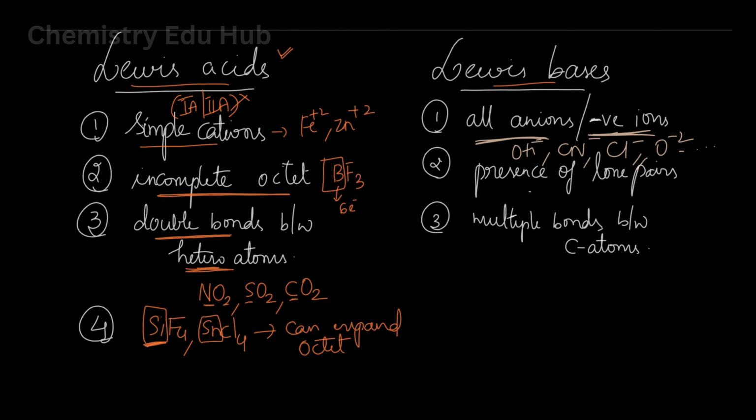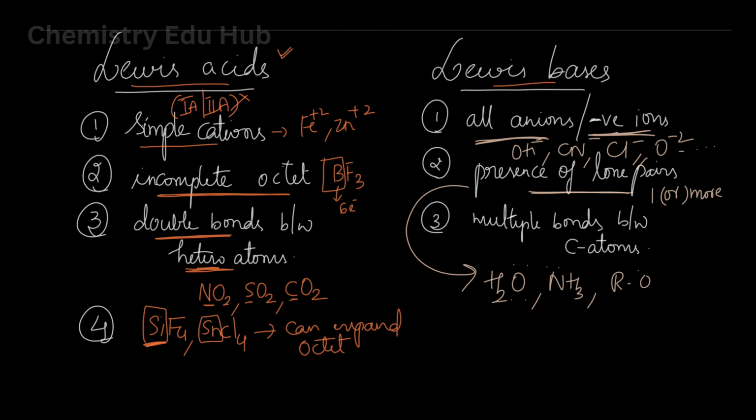And the molecules that have lone pairs of electrons, at least one lone pair or more than one lone pair on the central atom, can act as Lewis bases. For example, the water molecule which has 2 lone pairs, ammonia which has 1 lone pair, and alcohols, amines, etc. can act as Lewis bases.